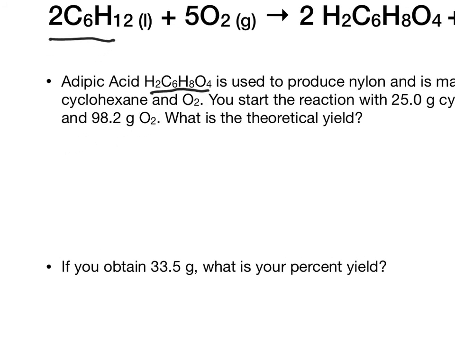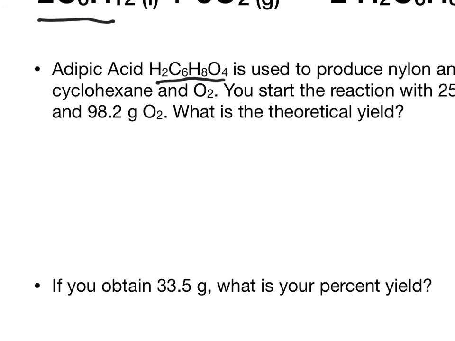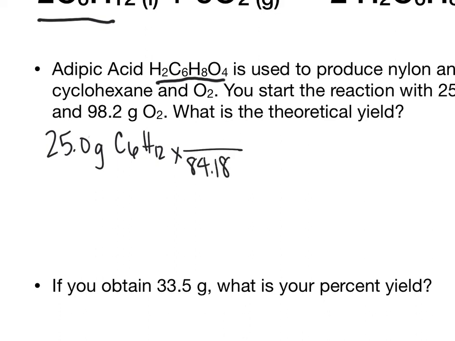So we're going to start with the cyclohexane. And so we're going to take our 25.0 grams of cyclohexane, C6H12, and we're going to convert that to oxygen. So 1 mole of cyclohexane is 84.18 grams, and 1 mole of C6H12.